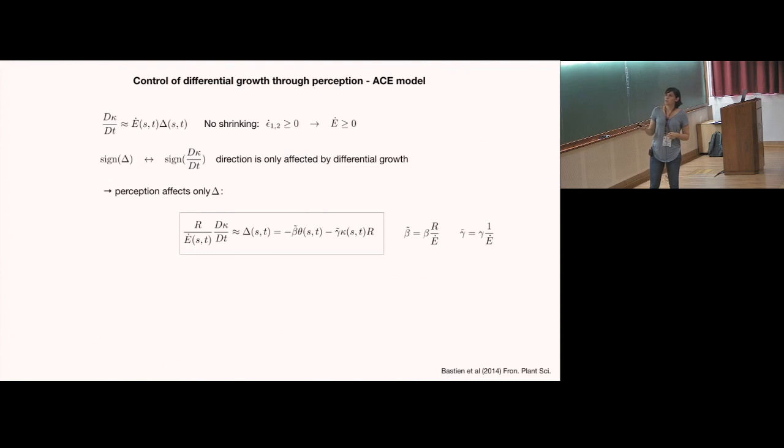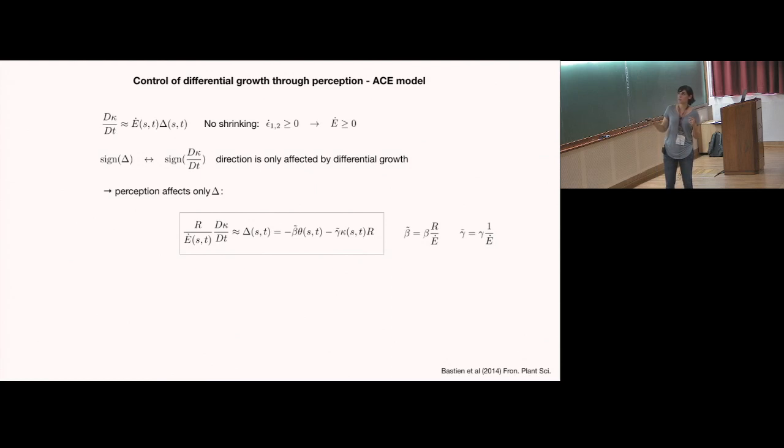So if we say the perception affects only delta, so if this is our delta, this equals what we had before on the one hand. On the other hand, we know that it is equal to this, right? The only thing that we have to do, though, is renormalize our beta and gamma in terms of dimensions, because here we have growth. We have R and E dot.